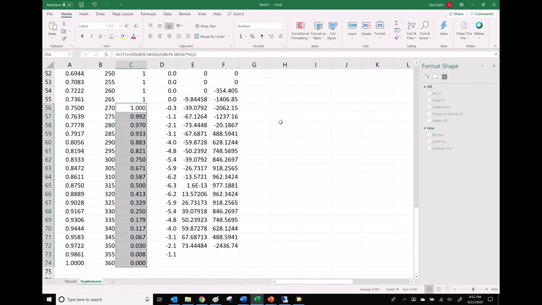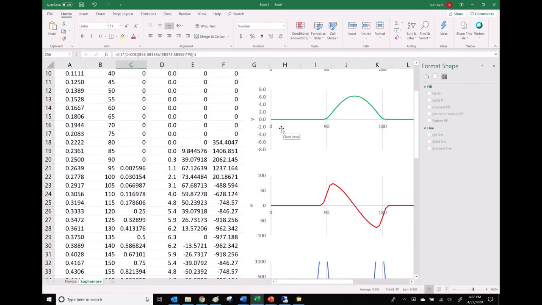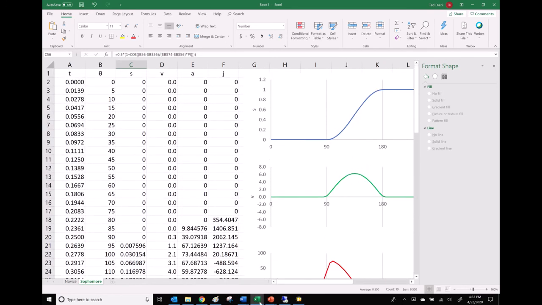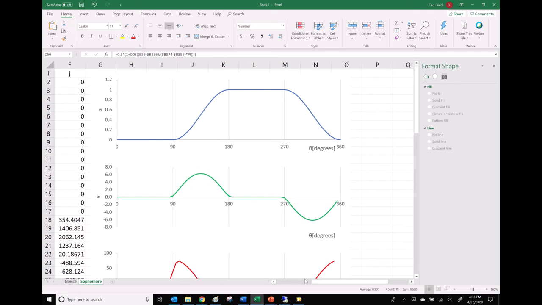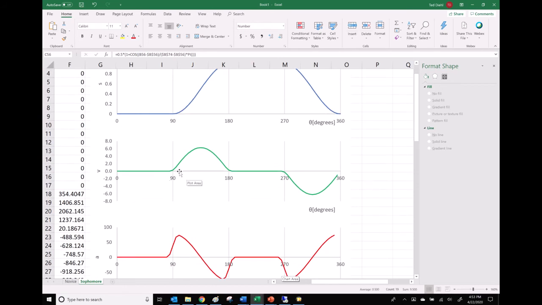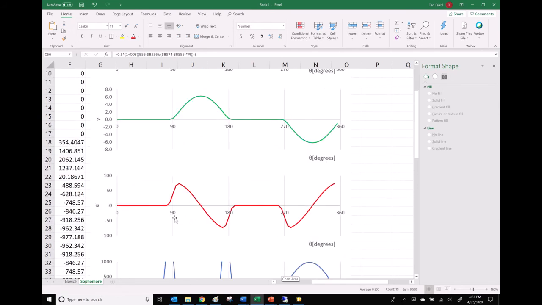And so let's take a look and see what we have here. And sure enough, right there, okay, now we have used a sine wave to create the position, and we can see that our velocity has jumped like that, and you can see our acceleration now has this discontinuity.